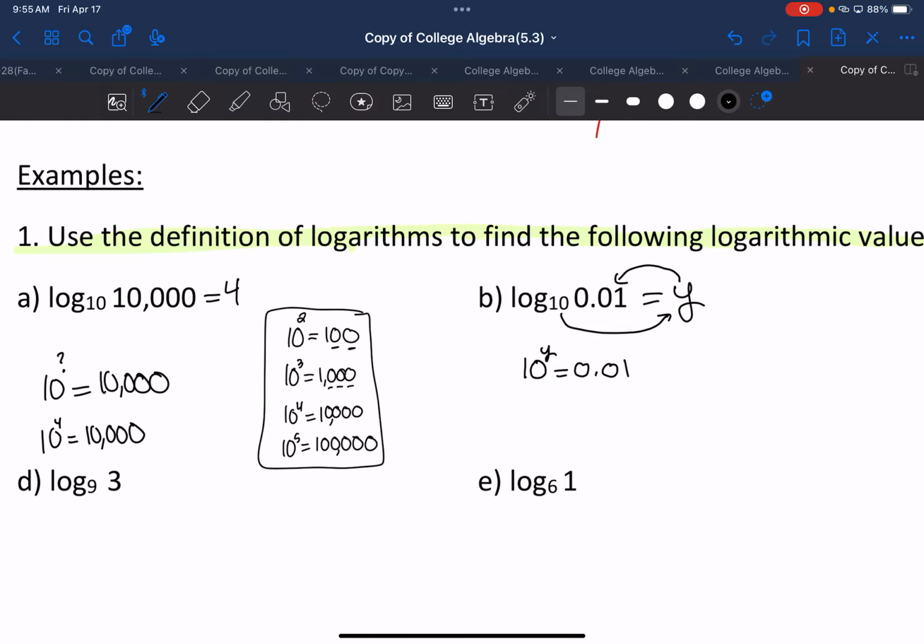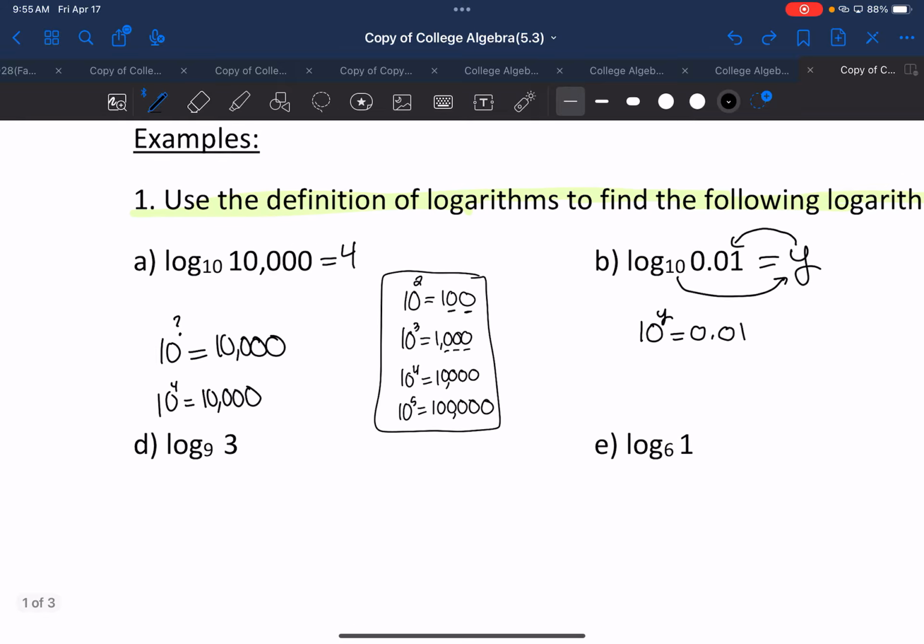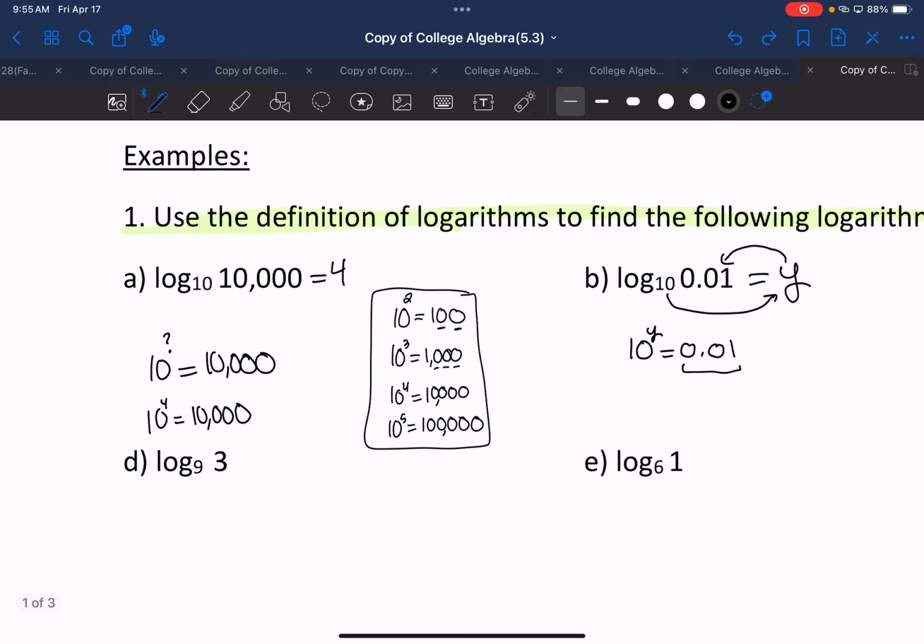I'm trying to figure out what I need to raise 10 to, to get it to equal 0.01. Whenever it's equal to a decimal like this, your end goal is to rewrite this side as a power of 10. But to rewrite it as a power of 10 when it's a decimal, this needs to be turned into a fraction.